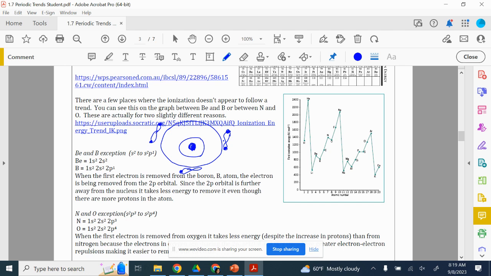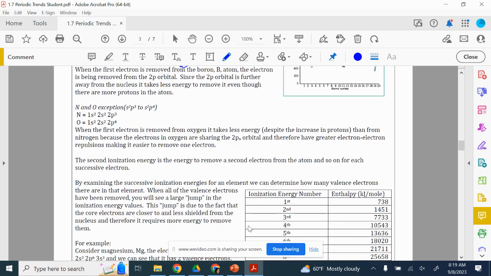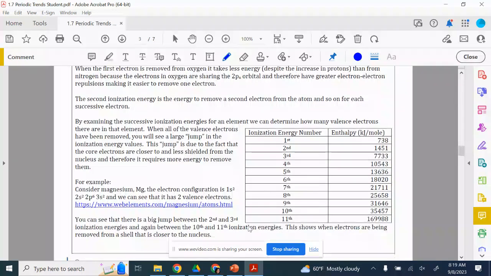So that's first ionization energy. When they give you a problem like this, it's typically the type of problem that you're going to see. They're going to give you values for how easy or how hard it is to pull those electrons away.